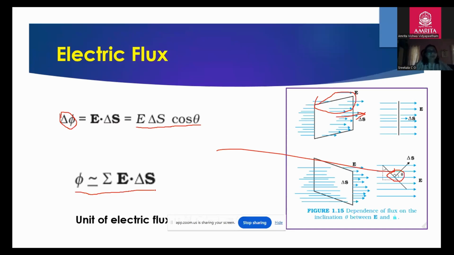Phi is the electric flux through a surface, sometimes written as phi E, because magnetic field lines are also there, and magnetic flux is represented by phi B. What is the difference between integral and sum? Integral is the continuous sum.